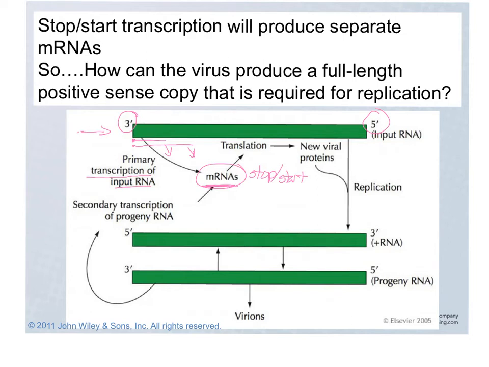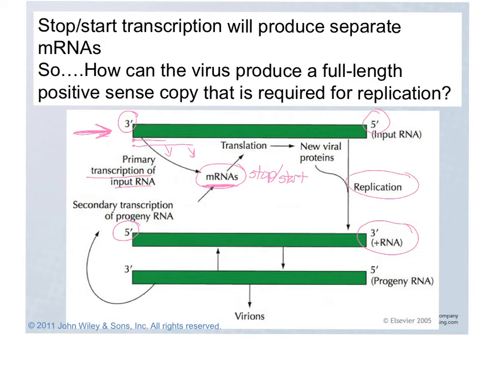But this is the genome, and we need to use it for replication using that same L protein. In order for this virus to replicate, we have to make a full-length positive sense copy. Right?